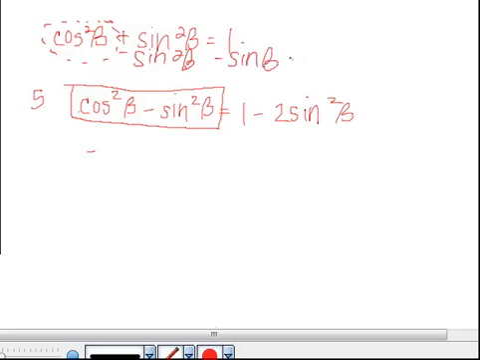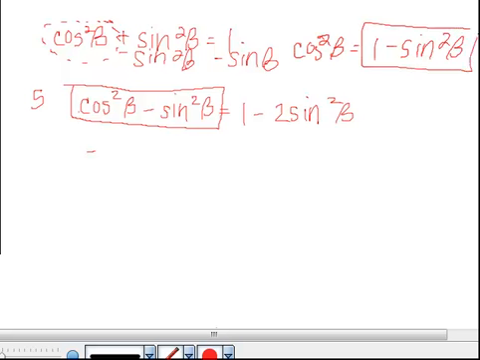And what I've just determined is that cosine squared of beta is equal to 1 minus sine squared of beta. So this is what I'm going to be putting in for that cosine squared of beta, sorry. So out with this, in with the 1 minus sine squared of beta.